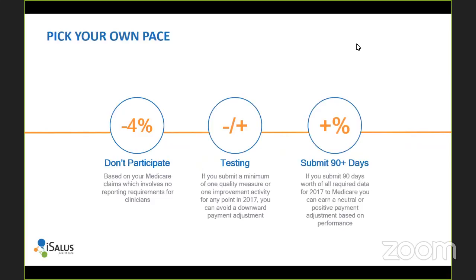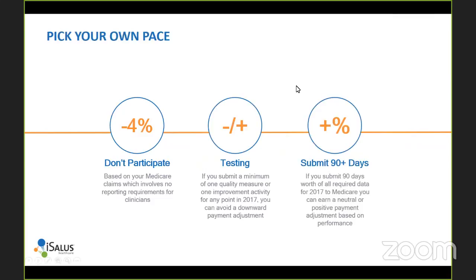And again, when we get into the MIPS dashboard, I'll show you how you can do one of those minimum options, okay? And then the final option, I think a lot of our clients are going after this. We're calling it the Go for the Gold option, and that you're going to submit at least 90 days worth of data to Medicare. You're going to focus on your quality measures. You're going to focus on selecting at least one improvement activity, and then again, the advancing care information section, which, if you want to think of it, is the old or is the new meaningful use.